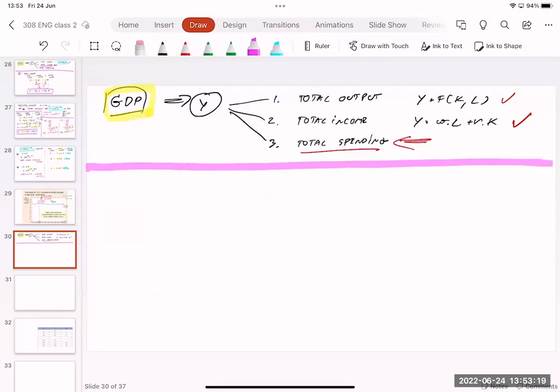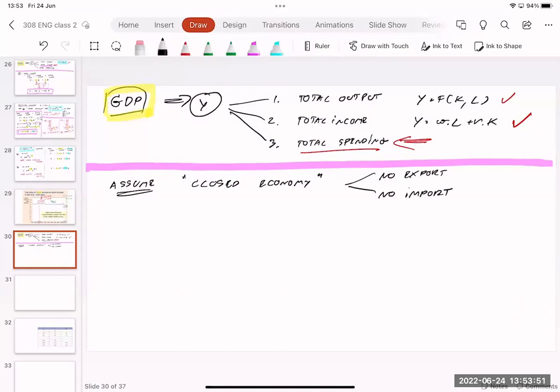So first, we assume that we stay in a closed economy. So it means no export, no import. Okay, so we're going to focus on total spending.